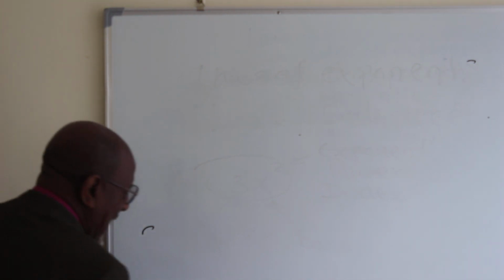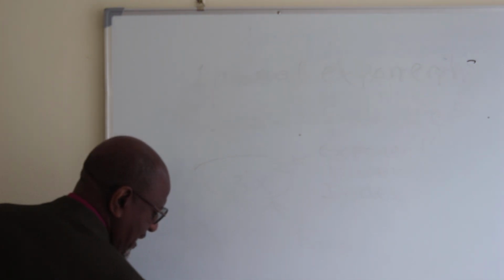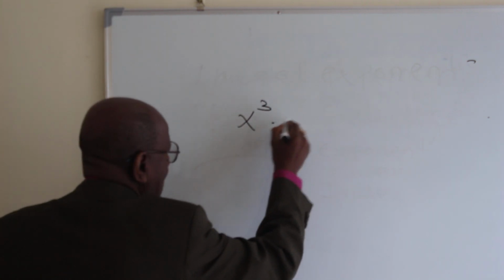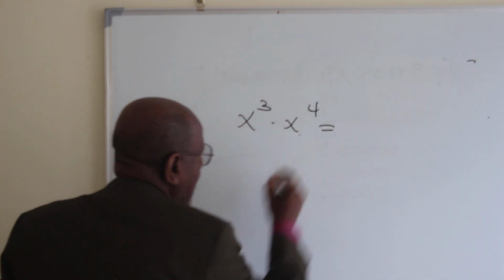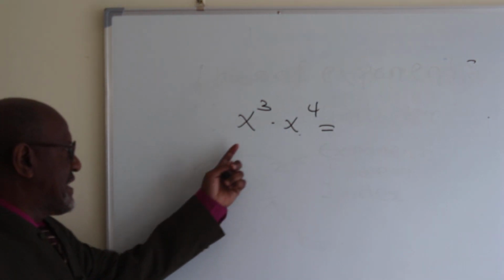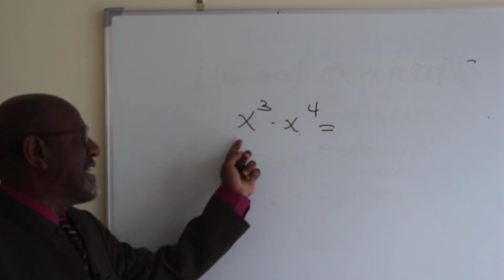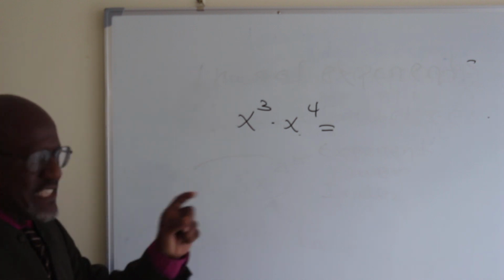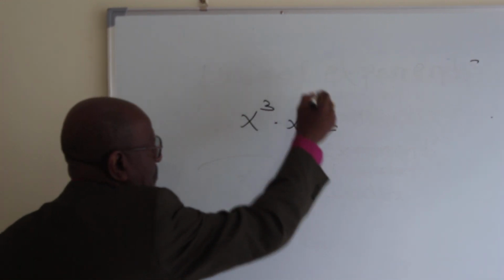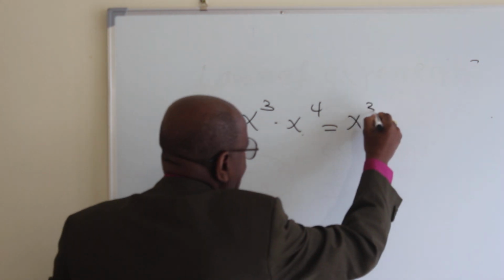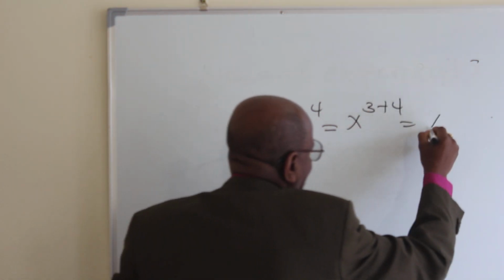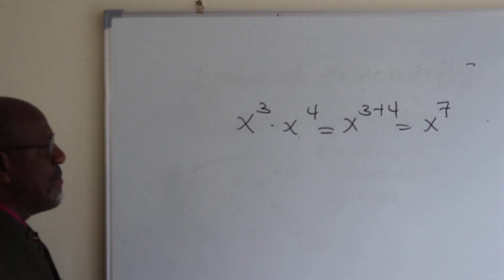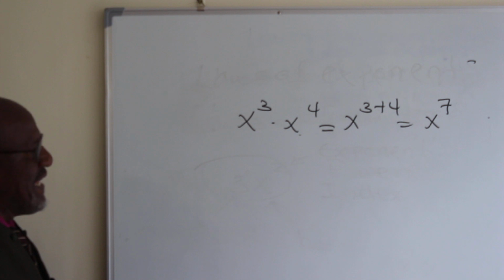For instance, if we have x to the power 3 times x to the power 4, the rule says if the bases are the same, and these two bases are the same because they're x's, we add the exponents, or add the index, or add the power. So it would be x to the 3 plus 4, which is x to the 7. So that's the first rule. Terms of the same base, when multiplied, we add the exponents.